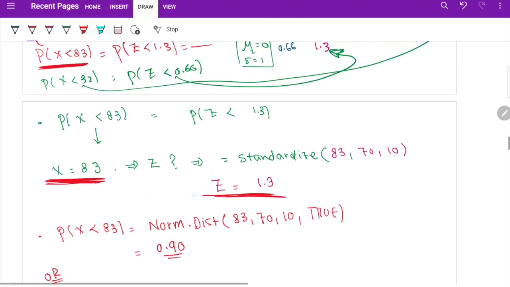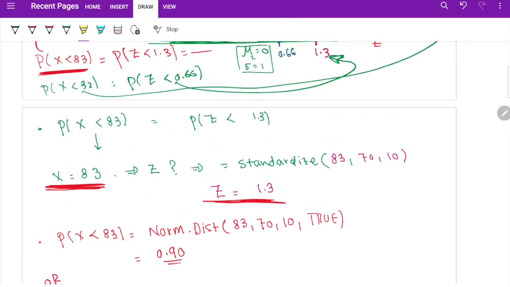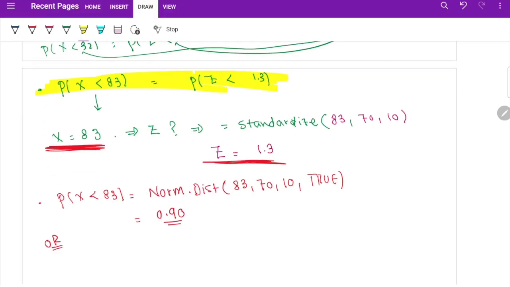Because we said at the beginning that these two are equal. So with the first method, we immediately use the first function. Excel does the conversion, then gives you the answer. Or you can take the standardized value we found and find this. We should get the same answer, right? It is norm.s.dist. Norm.s.dist is going to ask you for the z-score only. 1.3, then you give me true.